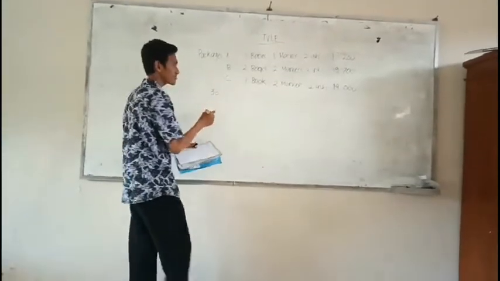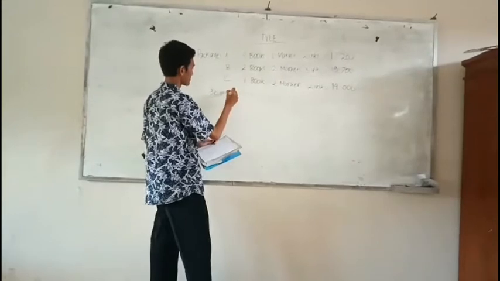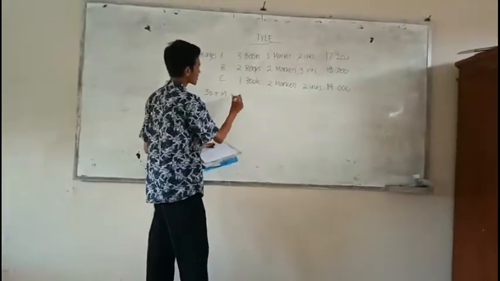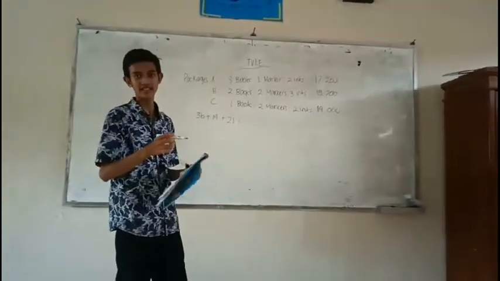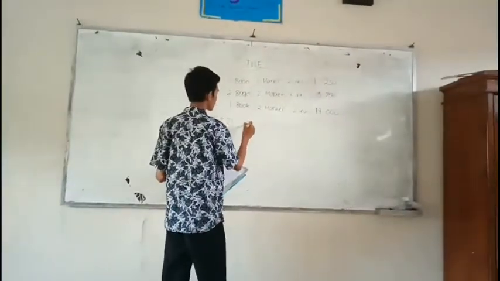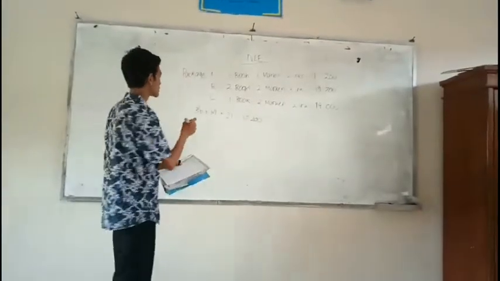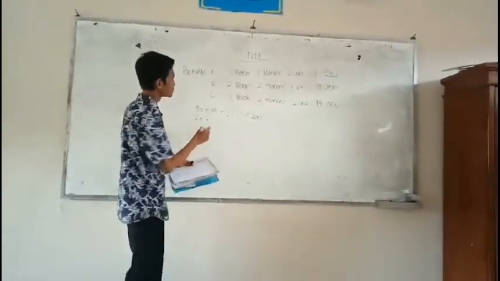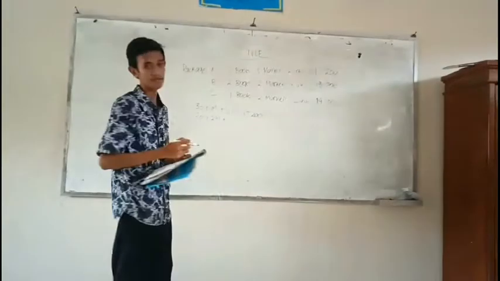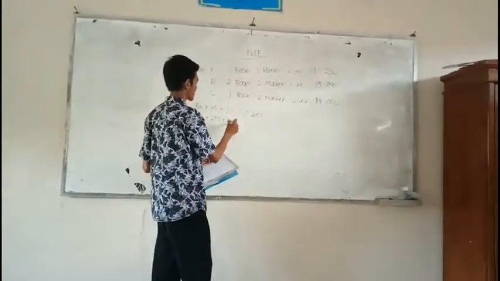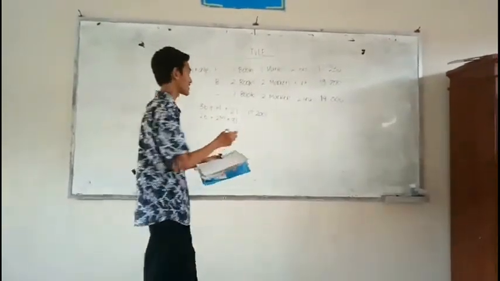3b plus m plus 2i equals 17,200. Package B: 2b plus 2m plus 3i equals 19,700.